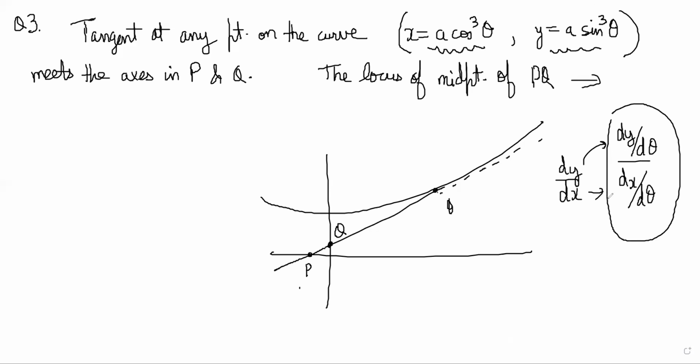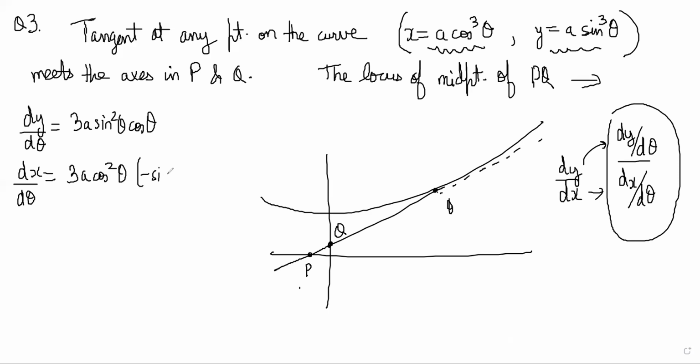So if you do dy by d theta, you will get 3a sine square theta cos theta, and if you do dx by d theta, you will get minus 3a cos square theta sine theta, right? So dy by dx would be the ratio of these two.